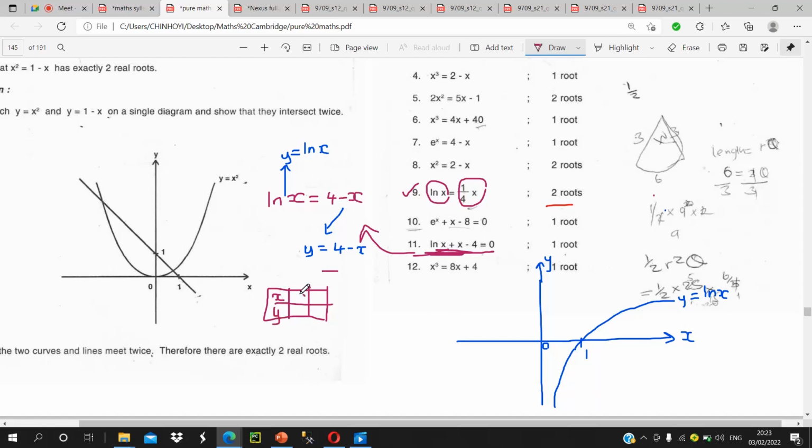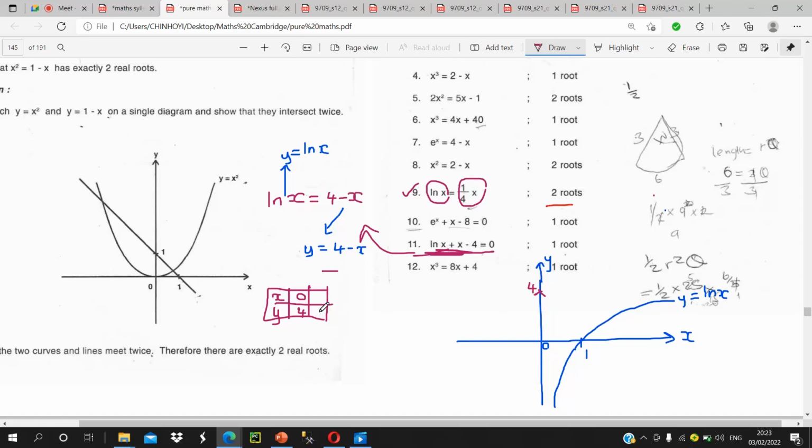When x equals 0, what is the value of y for this one? If x equals 0, your y is going to be 4, right? So you have 0 and 4.